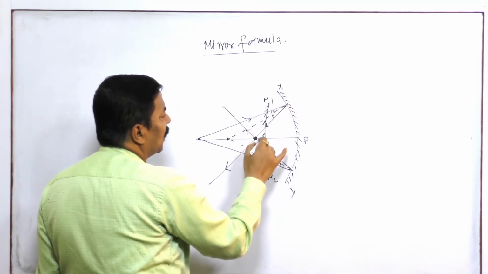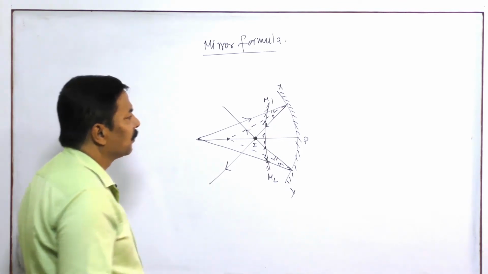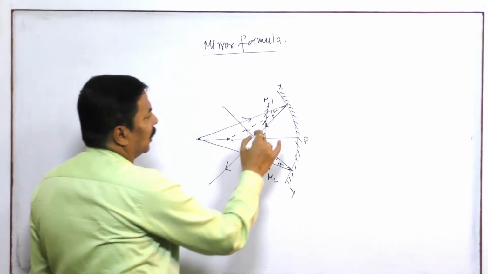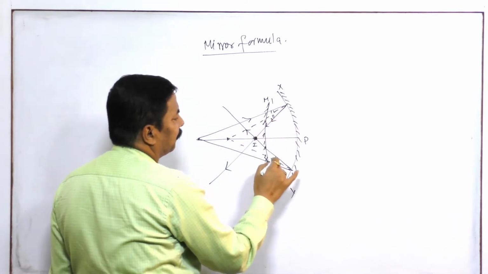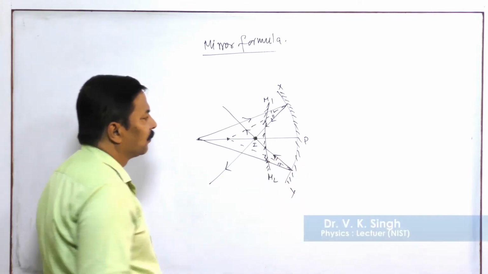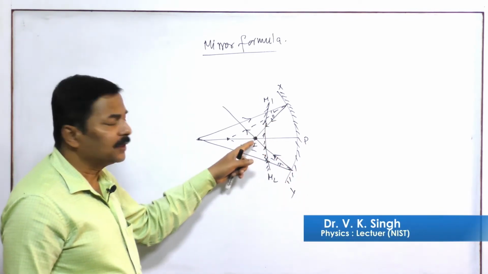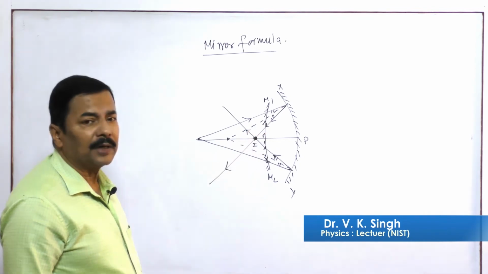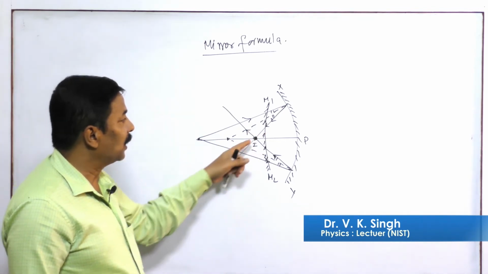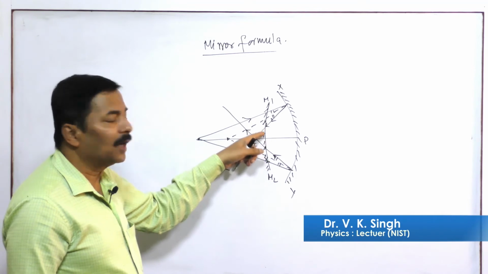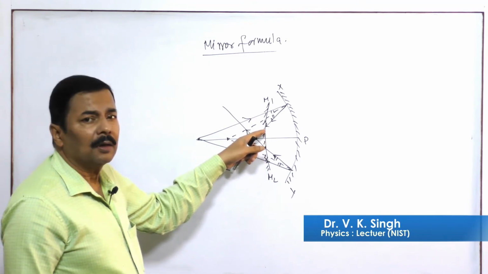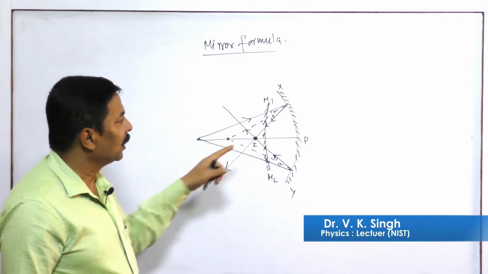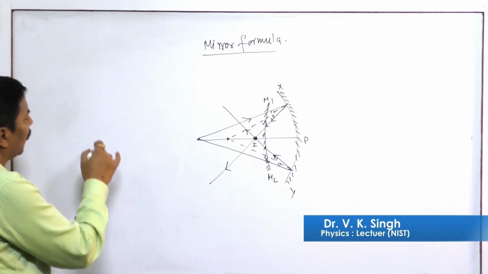For this mirror, here this is the incident ray. What does it mean? This is a converging incident ray. Before they make the image, we have kept a mirror. So this will behave as a virtual object.